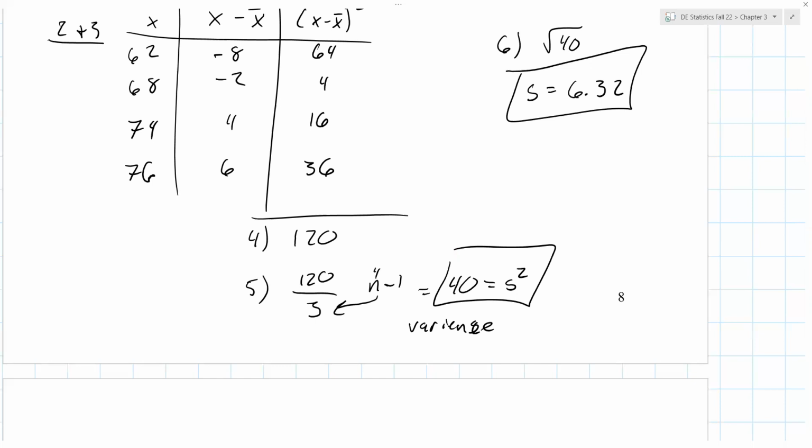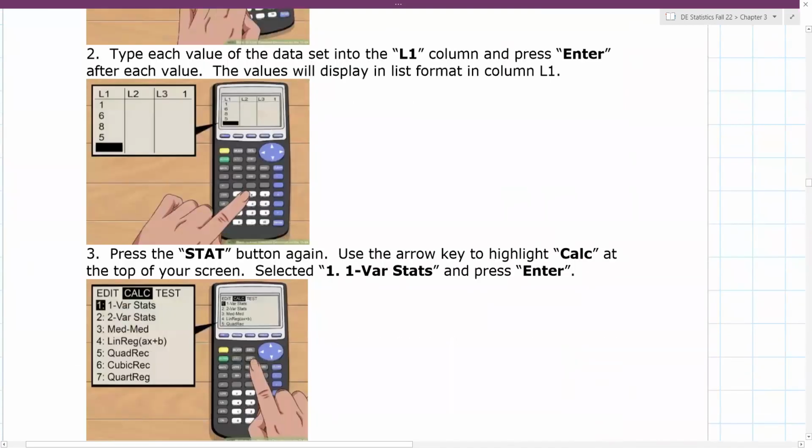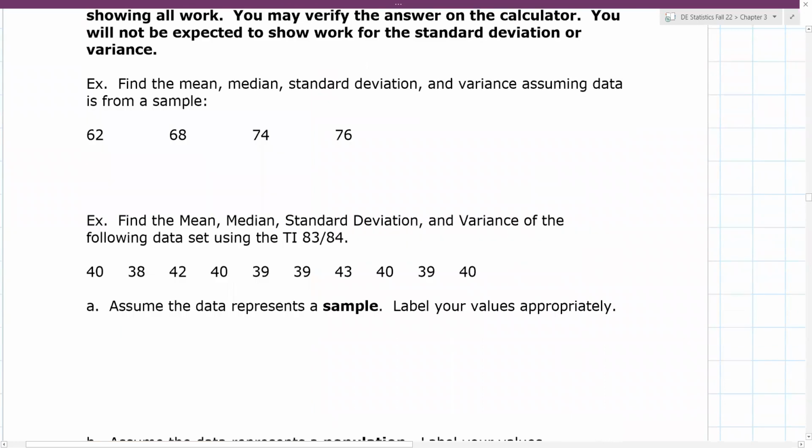All right, next, this walks you through how to do what we just did on our calculator. And for our next problem, I'll actually go ahead and show how to do that. So let's quickly find those three pieces of information using our calculator. It's the same data set we just had, so we already know what that information is.